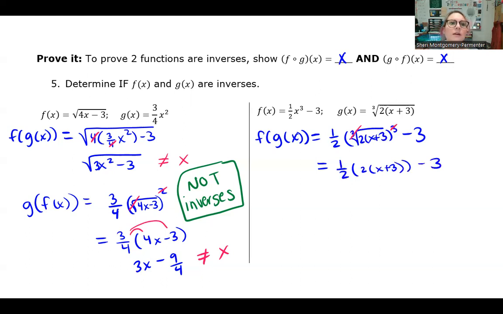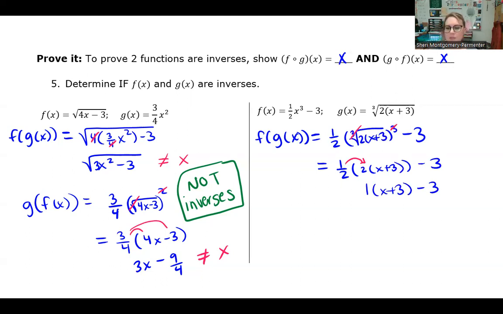Okay, so now I've still got parentheses. I need to multiply in the 1/2. What is half of 2? 1. Do you have to write the 1?